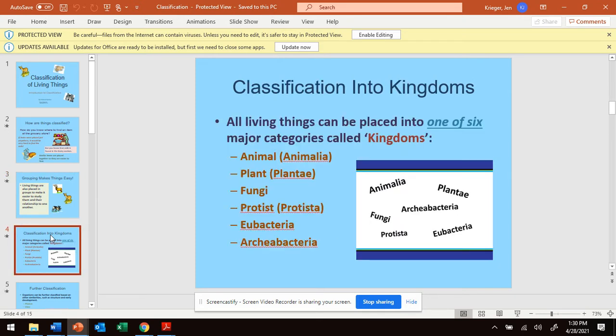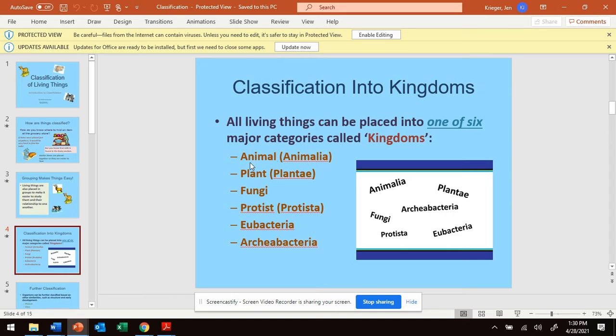So scientists classify all living things into six major categories. We call them kingdoms, okay? Kingdoms are either animals, and we say in Greek, Animalia. That's not important to us here.